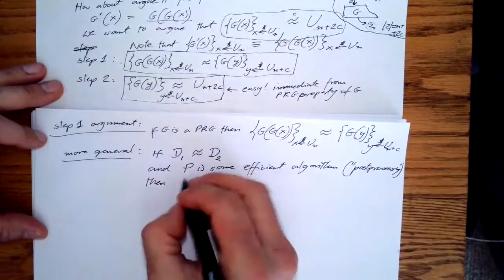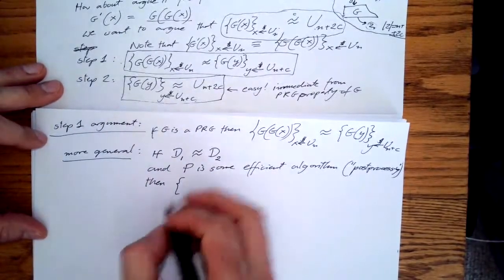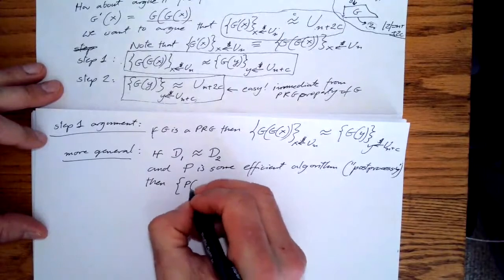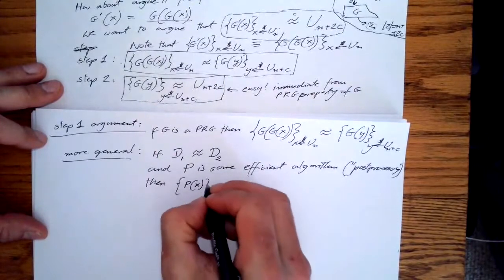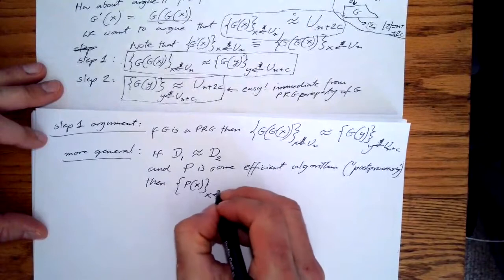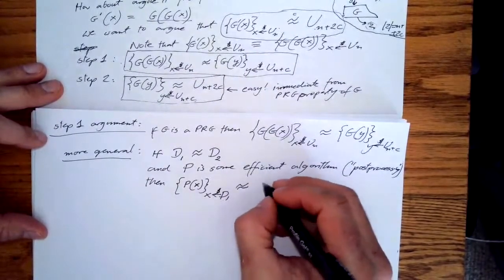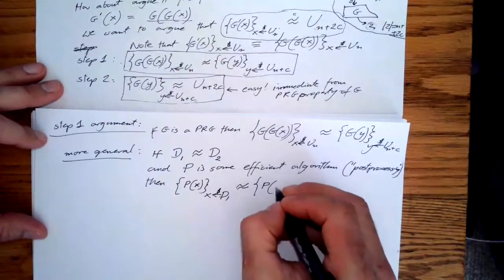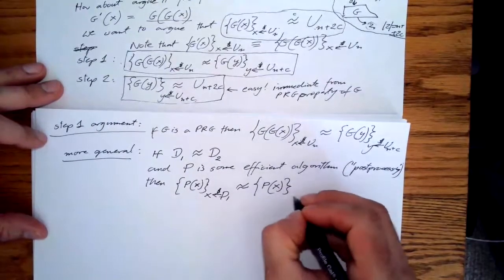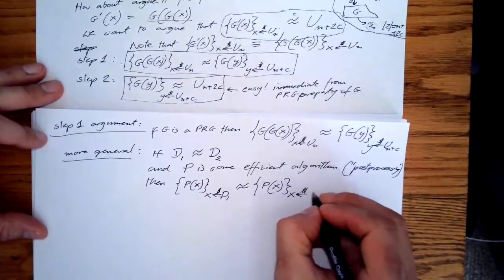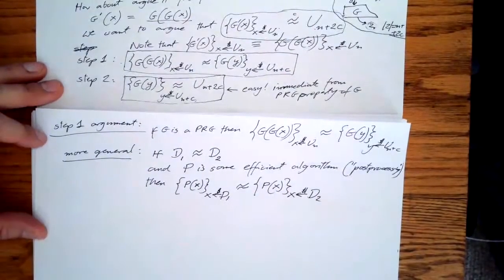Then the following 2 distributions are indistinguishable. If I apply this post-processing to an input that comes from the first distribution, that must be indistinguishable to outputs of post-processing applied to inputs that came from this second distribution.